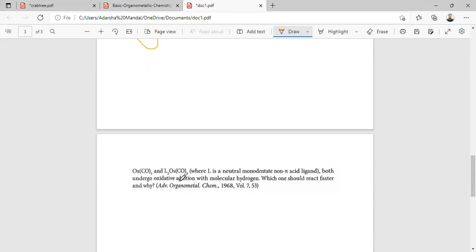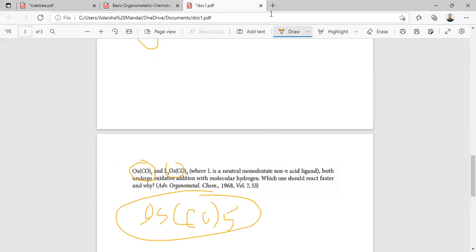Dissociation of the same ligand, CO, should be considered in both cases, but in the second complex the osmium-CO bond is stronger because of the higher back donation. The presence of two neutral monodentate ligands increases the electron density of osmium, so bonding is stronger. In Os(CO)5, the CO dissociates easily, so for Os(CO)5 the oxidative addition will be faster because of the easy dissociation of CO.